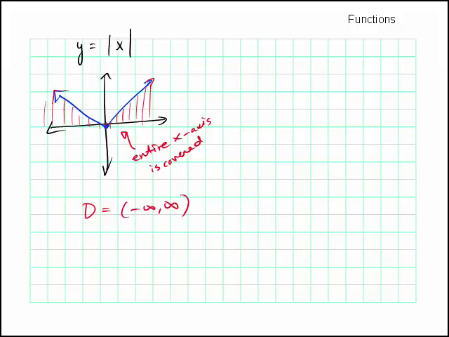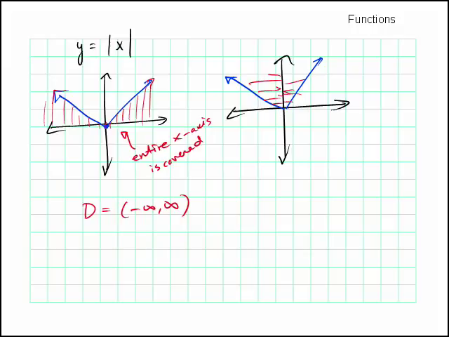Now, let me redraw it for you. If you take the curve, or the V here, this is the graph, and now you pull it straight across onto the y-axis, like smashing it on the y-axis this way. What part of the y-axis would be covered? Not all of it. It would only be covered from here and up.